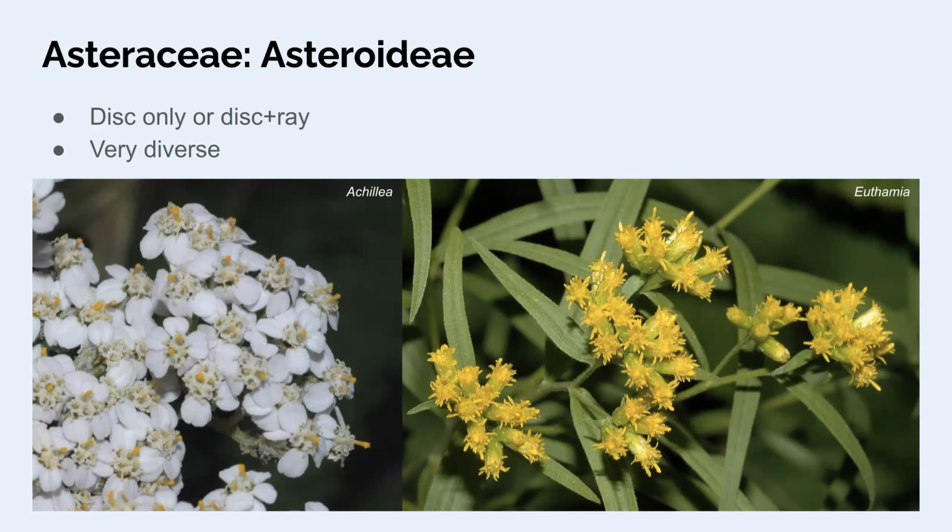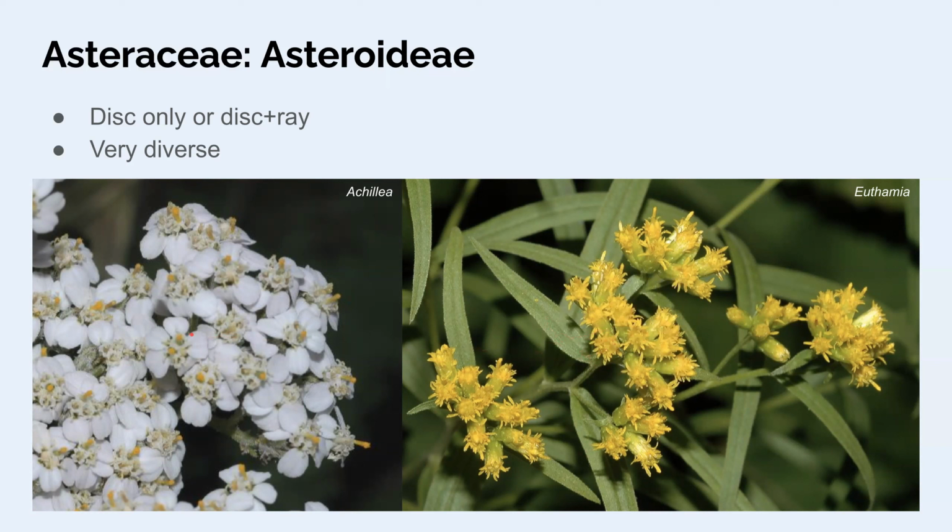And then the biggest and most diverse, a little bit hard to put into a single category, the subfamily Asteroideae sometimes has disc only. If they do have disc only, they're different from the thistle flower heads typically. So this is yellow petals or yellow flowers overall. Pretty different from the thistles, not so prickly.